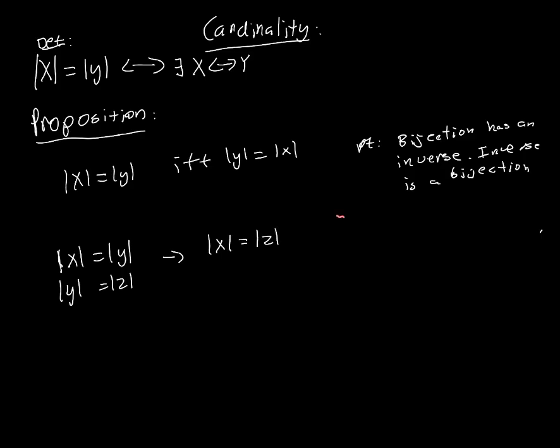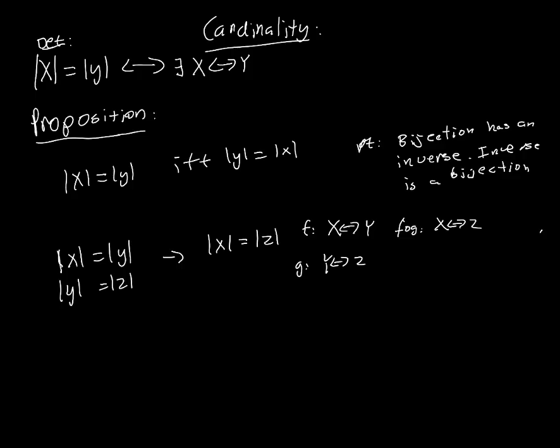In order to do this, we can prove that if X to Y is a bijection and Y to Z is a bijection, then let's call this map f and this map g, and the composition map, which takes X to Z, is a bijection. It's not hard to prove.